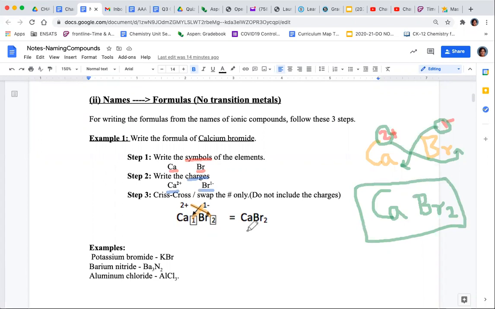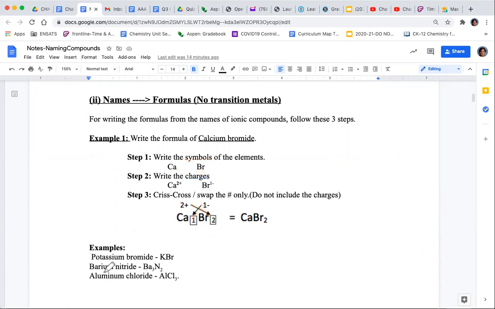Okay, now I have given some examples. Potassium bromide, KBr. That is pretty straightforward. Then the second example is barium nitride. Maybe I'll explain this one. The symbol for barium is Ba, and nitride. I have given the answer, but I'm going to show you how we got it.